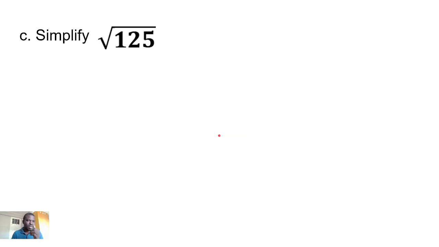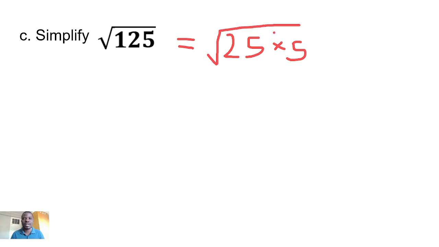You may also be required to simplify root 125. All you have to do is to look for a perfect square in the same vein that's a factor of 125. And in this case, the perfect square is 25, because 25 times 5 is going to give us 125.